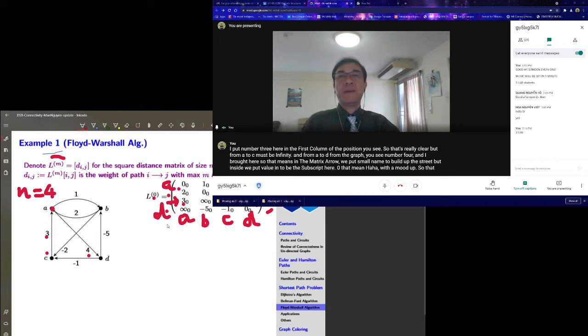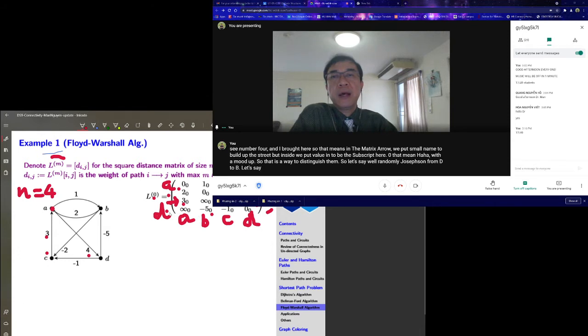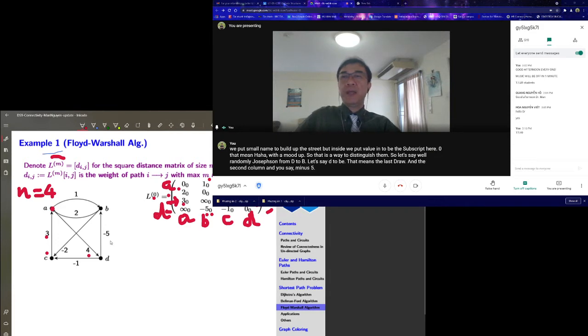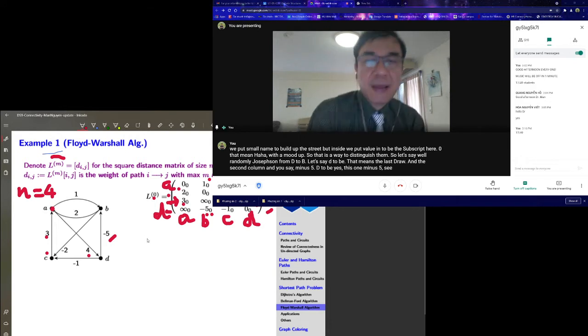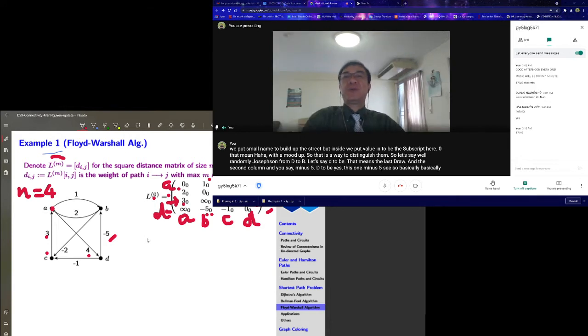So let's see, randomly chosen from D to B, let's say D to B. That means the last row and the second column, and you see -5. D to B, yes, this one, -5. So basically the matrix L0 is very trivial.